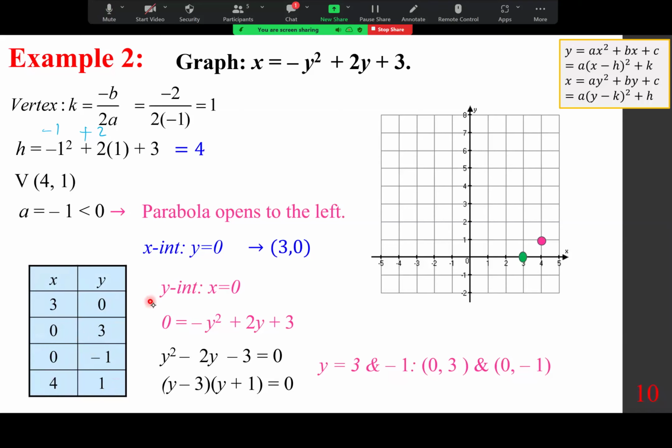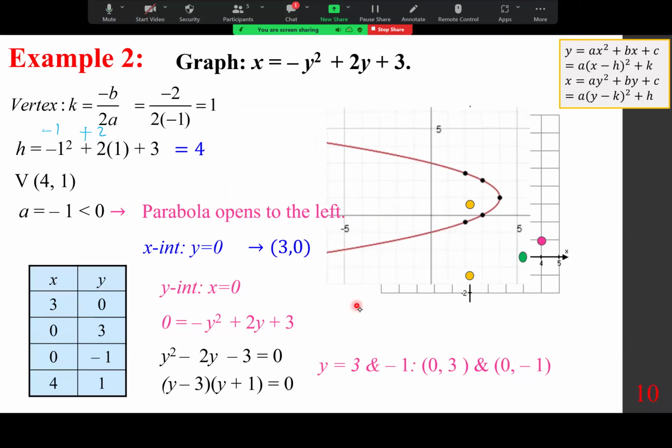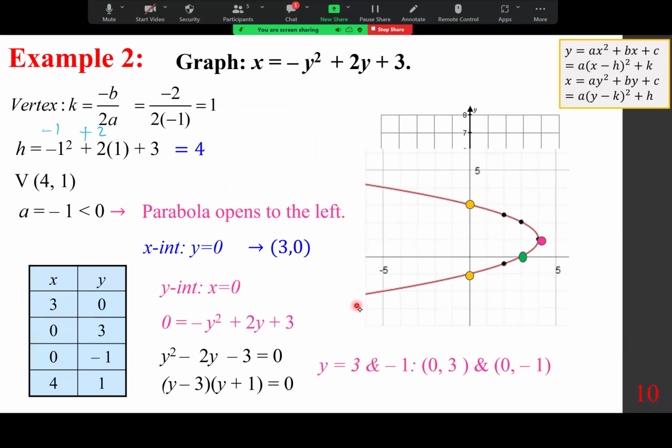Then (3, 0), the x-intercept. We have two y-intercepts, (0, 3) and (0, -1). So this is the parabola that opens to the left. Here's the axis of symmetry.